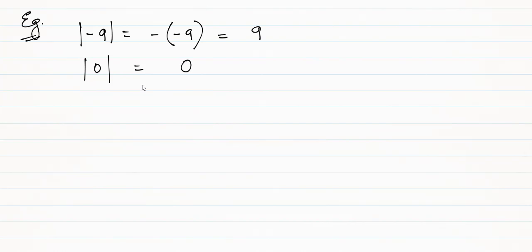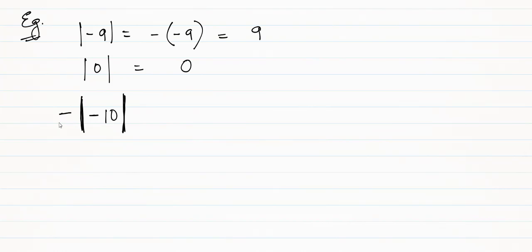Now let me take one more very good example: negative of the absolute of minus 10. As I explained, the most important thing here is that the minus sign is coming inside the absolute sign and also outside the absolute sign.